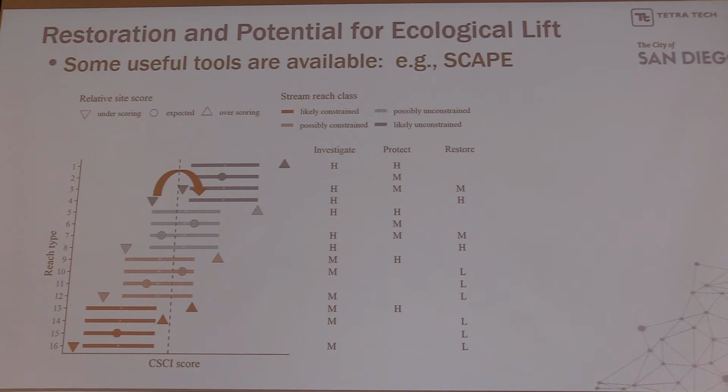This vertical line is the CSCI threshold used for impaired versus non-impaired. These bars are sites that have the same landscape factors, and the model tells you the CSCI scores that correspond to sites with those landscape constraints.